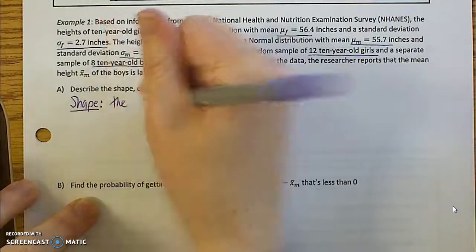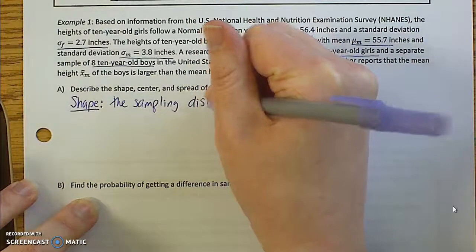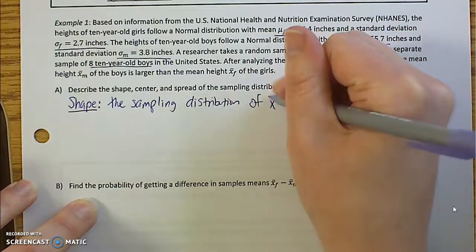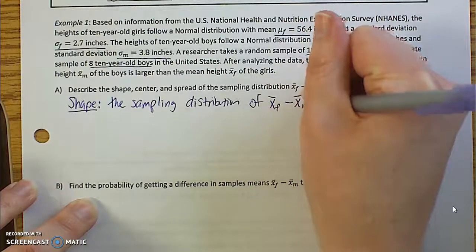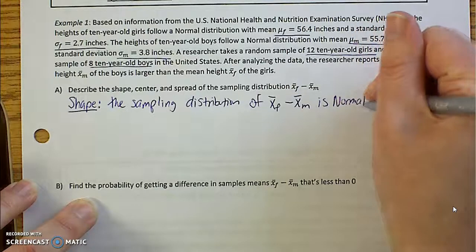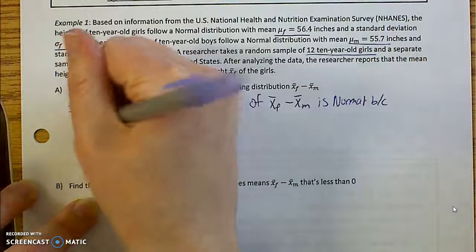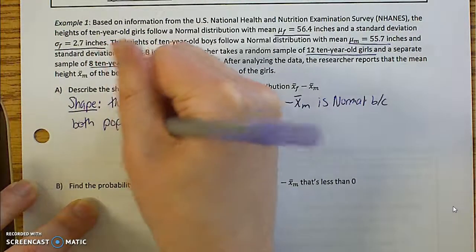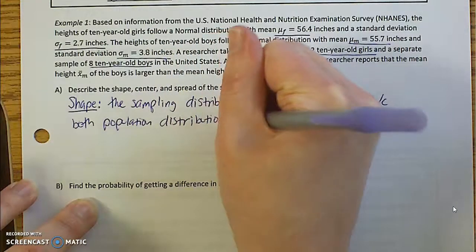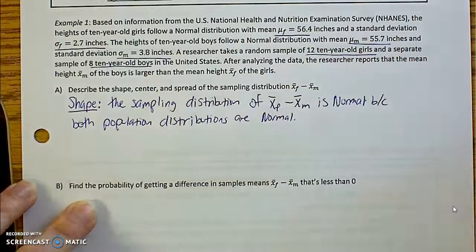So we can say that the sampling distribution of x bar sub f minus x bar sub m is normal because both population distributions are normal. So that takes care of our shape.